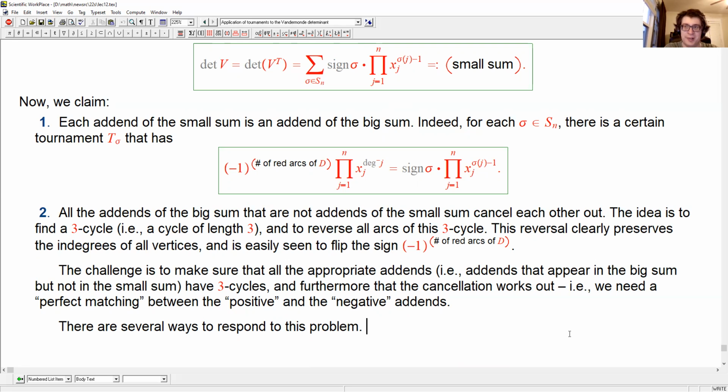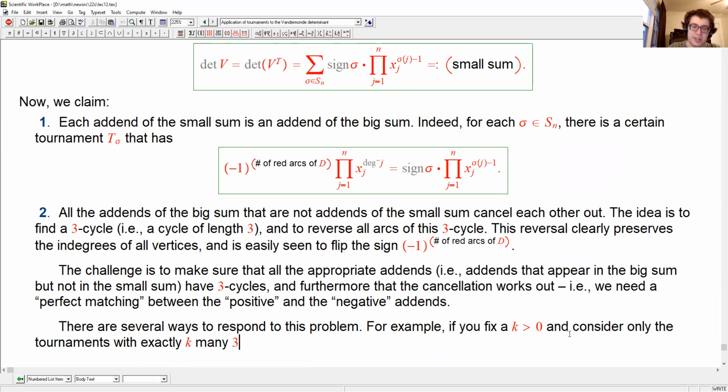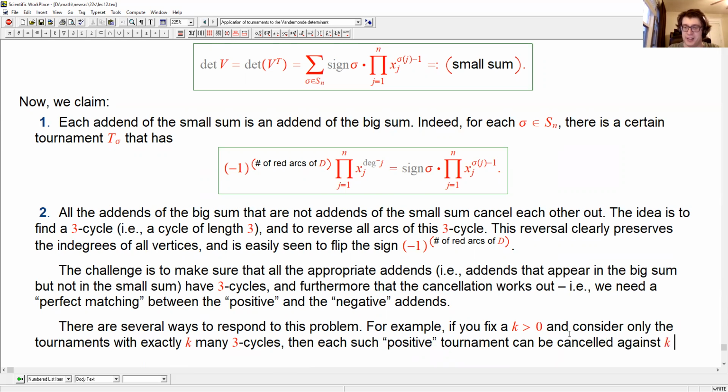What he does is you don't cancel them directly, but you prove that there are equally many pluses and minuses by arguing that if you fix a k greater than 0 and consider only the tournaments with exactly k many 3 cycles, then each such positive tournament can be cancelled against k negative tournaments.